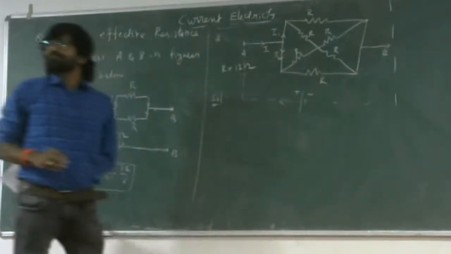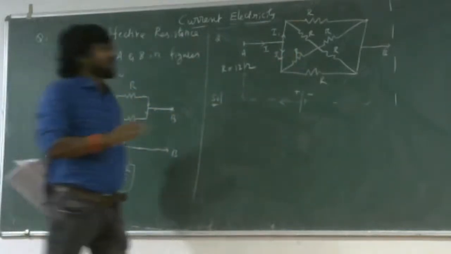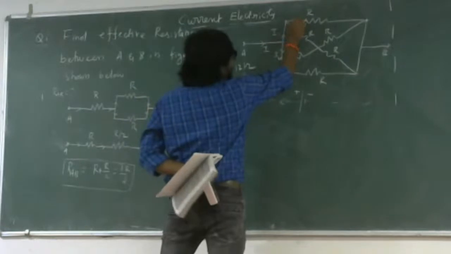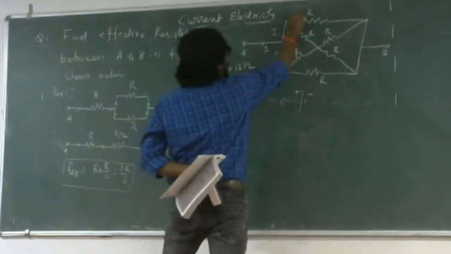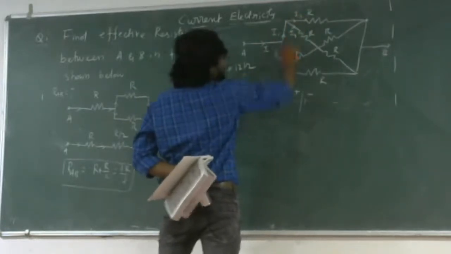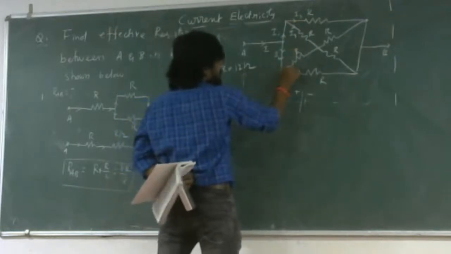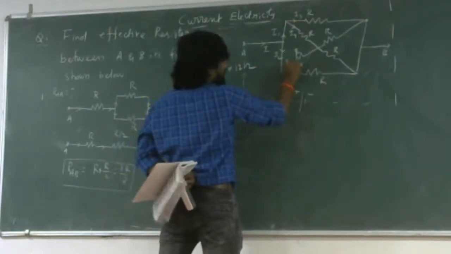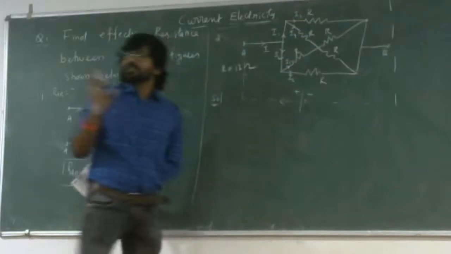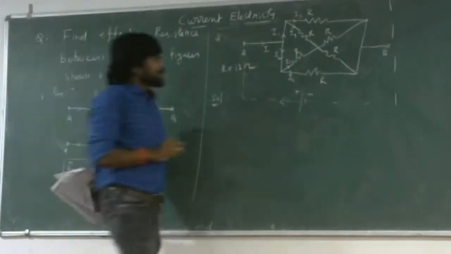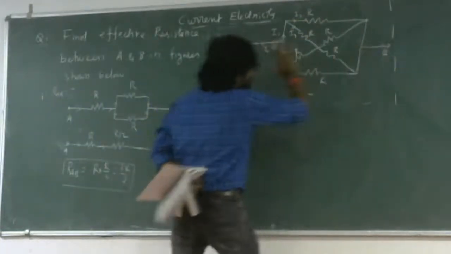Is this okay? For understanding purposes I am giving you this. Once this current comes here, this divides further into I3 and I4. And this here divides into I5 and I6. Is it clear? Now, at the other end, you immediately have to go to the other end.